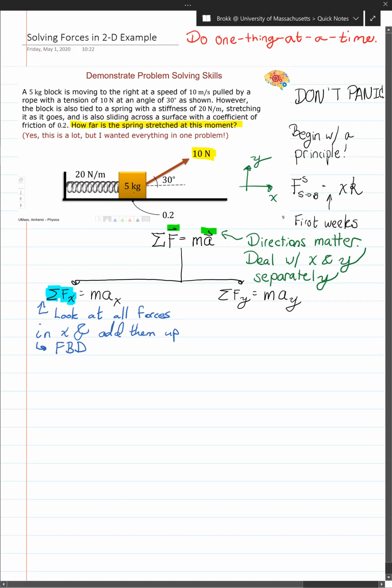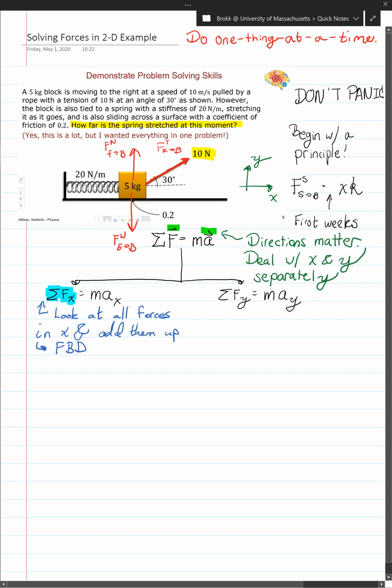So in my diagram, I have a force of weight from the earth on the block down. I have, of course, my tension from this rope on this block. There's some normal force from the floor pushing on the block, keeping it from falling through.